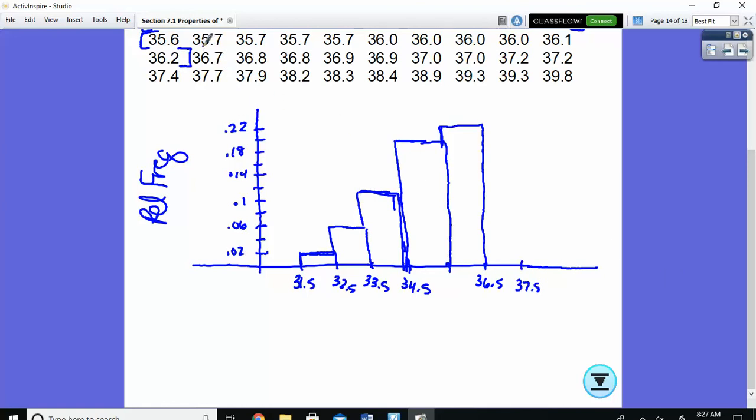So from 36.5 to 37.4, we get 10 again, so that's 0.2. Sorry, 10 again, so 0.2. From 37.5 to 38.4, we get 5, so that's 0.1.